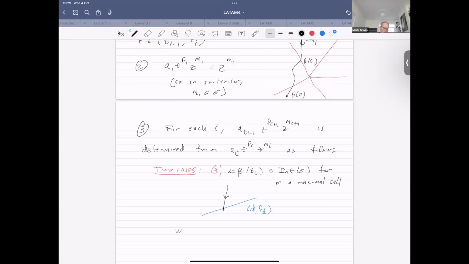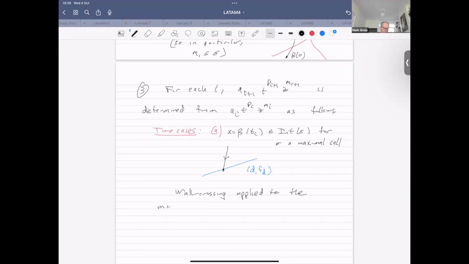So the wall crossing applied to the monomial gives an expression. Well, I take the monomial A_i T^{p_i} Z^{m_i}, and then I multiply by some power of f_D.